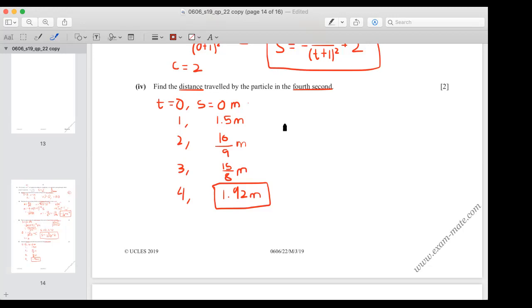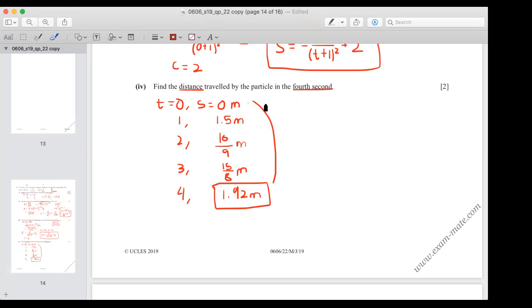So what is the distance? It is from here to here. So our answer would be 1.92 meters. Of course, if it goes back and forth, you have to find the difference between the two values so you can add it as distance.